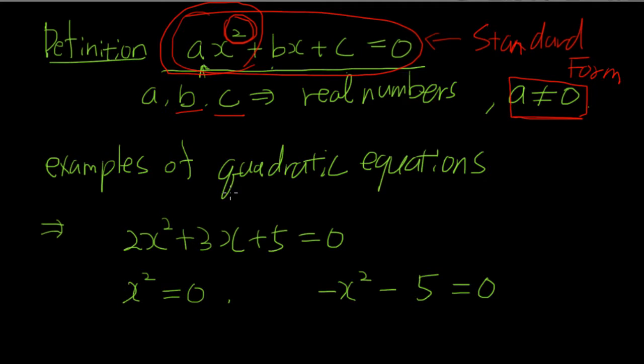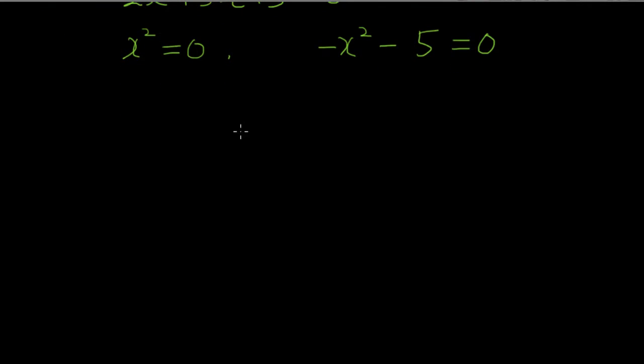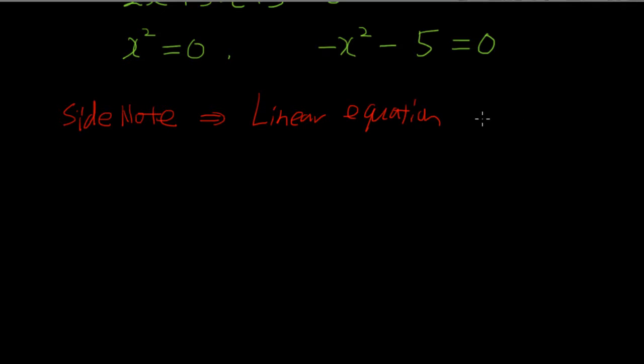So, in previous chapters we talked about linear equation, right? This is like a side note. So linear equation was what? Linear equation was a straight line, right? Any linear equation is going to be a straight line. What about quadratic equation then?